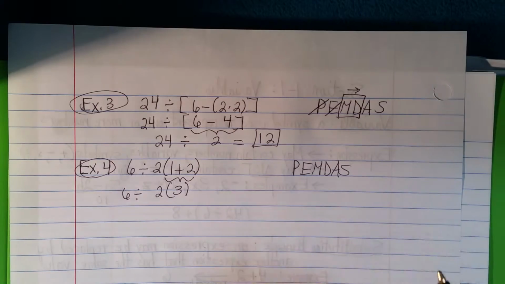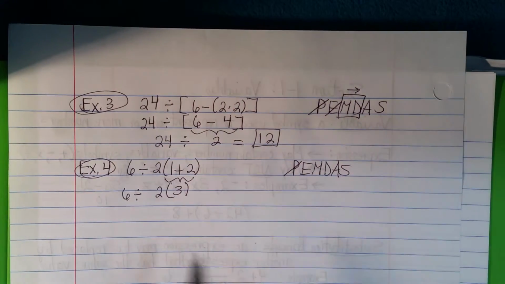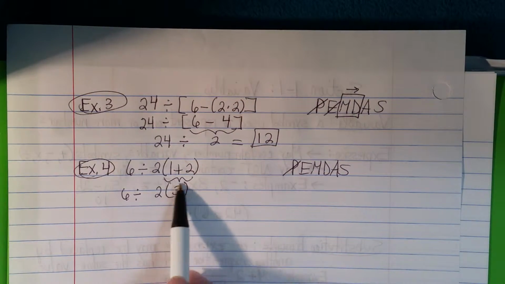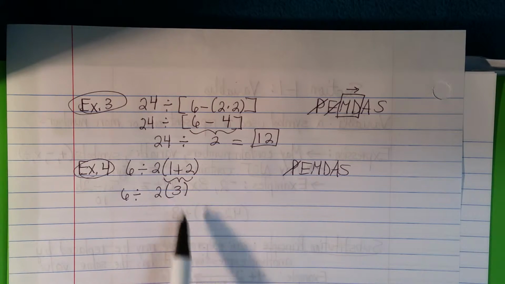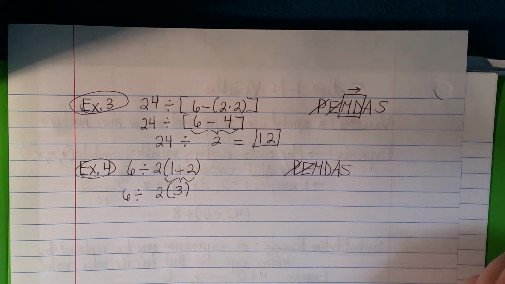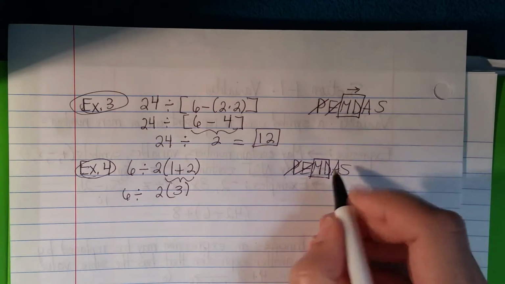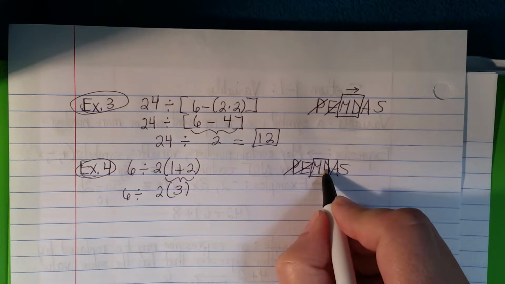Rewrite. And now I'm finished with grouping symbols because this parenthesis has no calculation in it. It just represents multiplication. There's no exponent. So I have to do the multiplication or division.